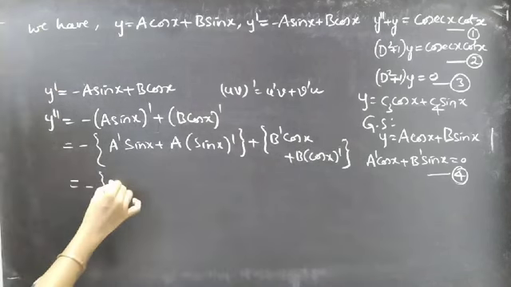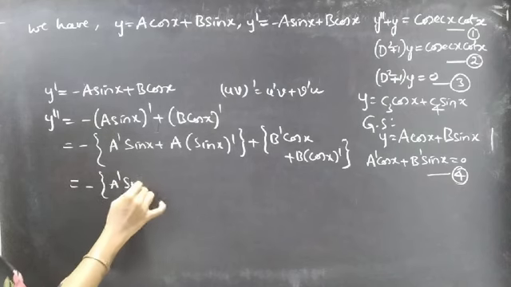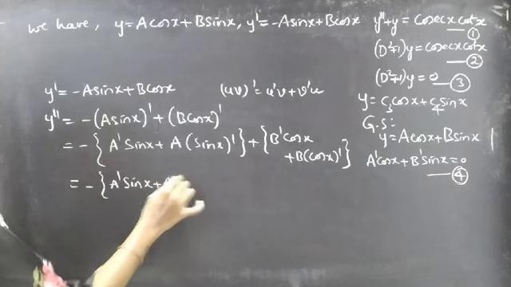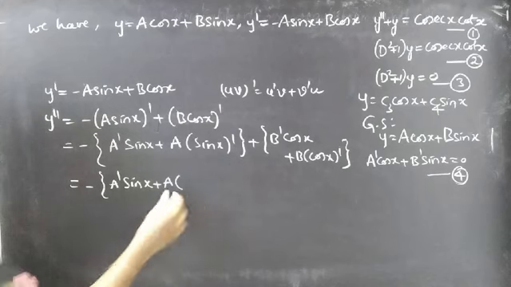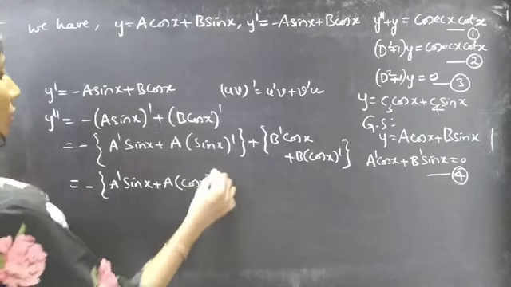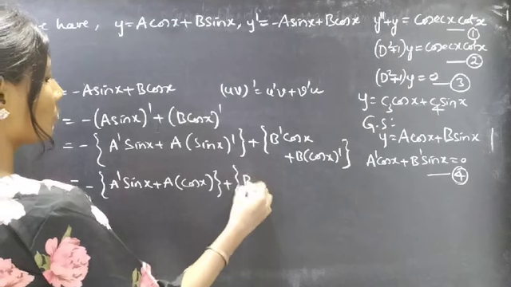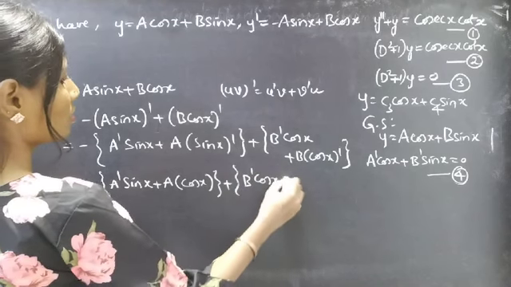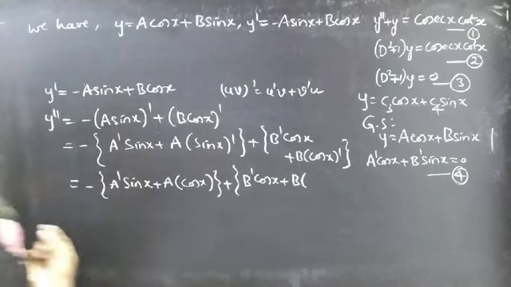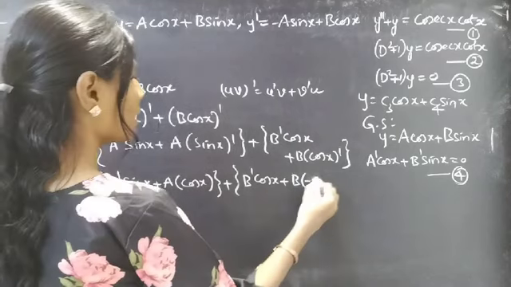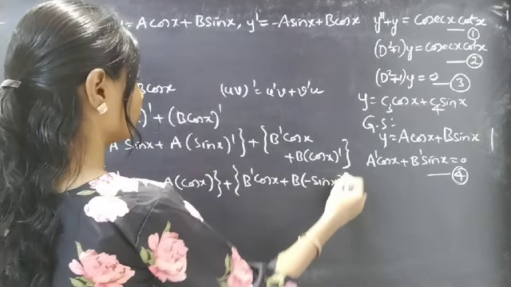This equals minus of a' sin x plus a into the derivative of sin x, which is cos x, plus b' cos x plus b into the derivative of cos x, which is minus sin x.